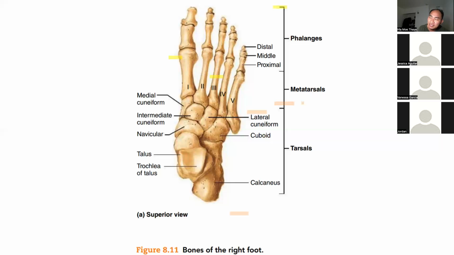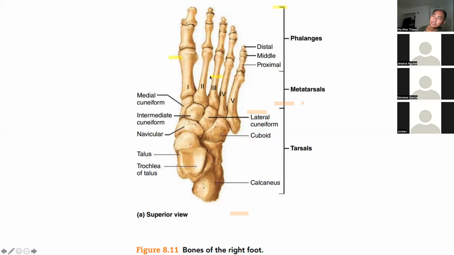So the same thing in the foot. If you look at that here, 1, 2, 3, 4, 5. These bones are called metatarsals, M-E-T-A-T-A-R-S-A-L-S. So the bones in the hand, they are called metacarpals, M-E-T-A-C-A-R-P-A-L-S.